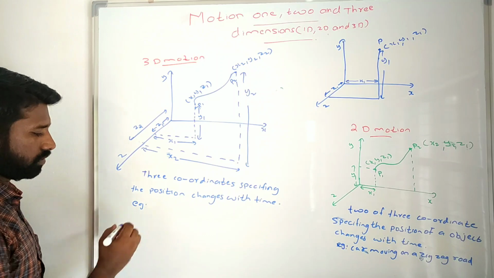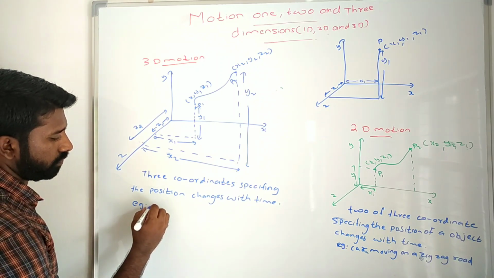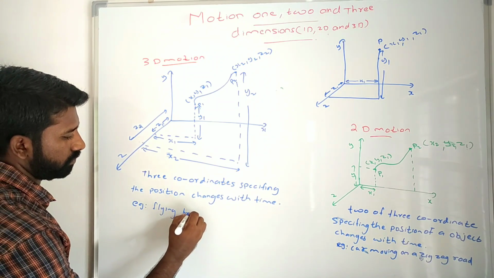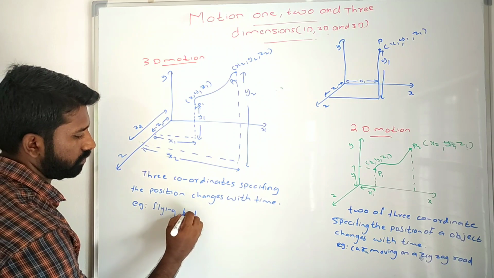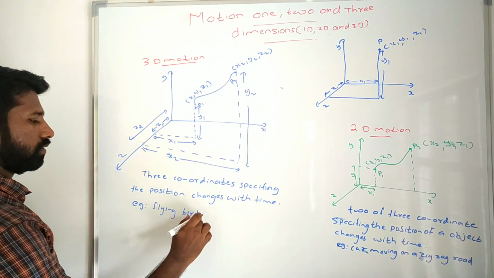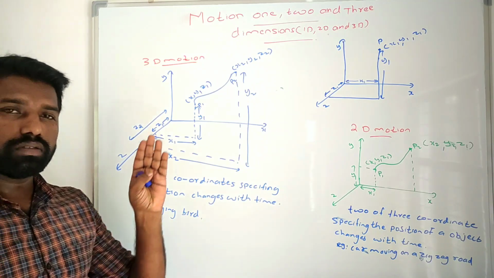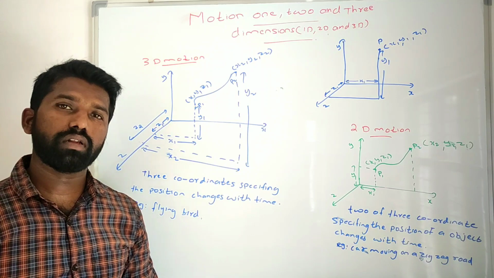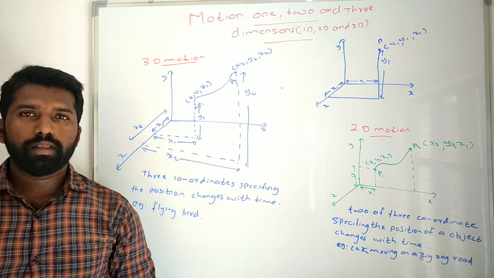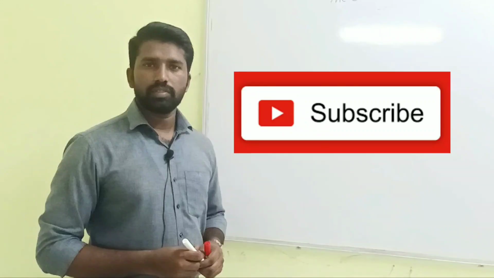The example is a bird flying, the flying bird, and a kite flying. Those are examples of 3D motion. Clear? This is about 1D, 2D and 3D motion.